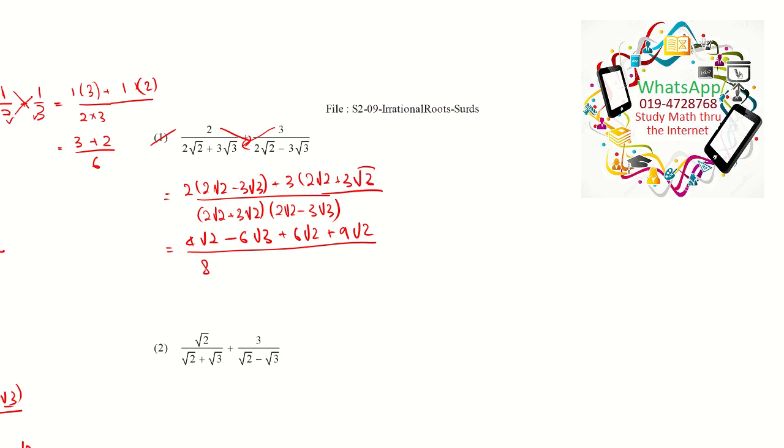Okay, then you have 8 here, plus by 6. Okay, this times this would be what? 3 times 2 is 6, 6 times 2 is 12. Okay, then this times this becomes minus 2 times 3, 6, 6 root 6.